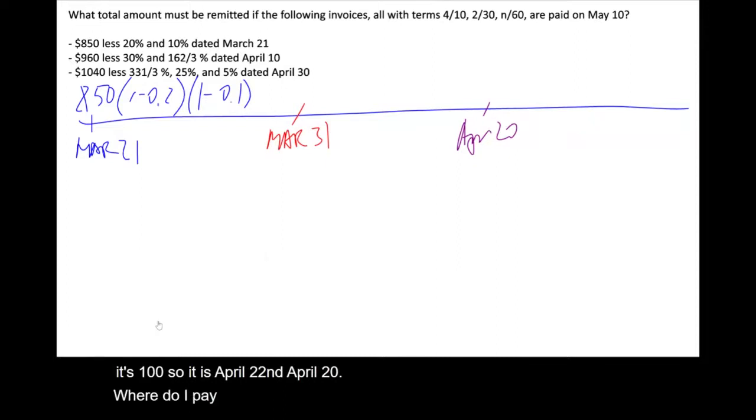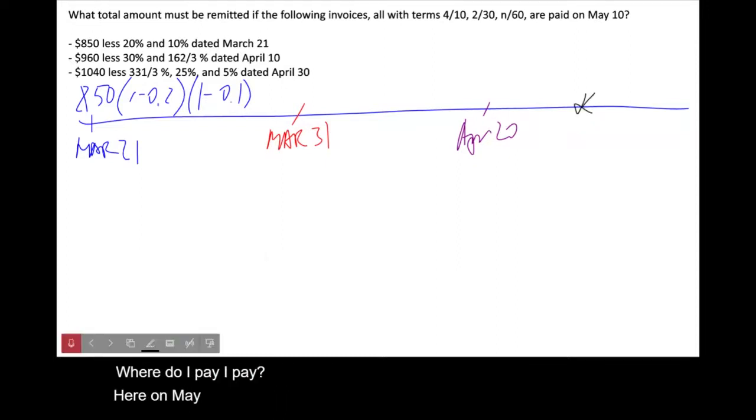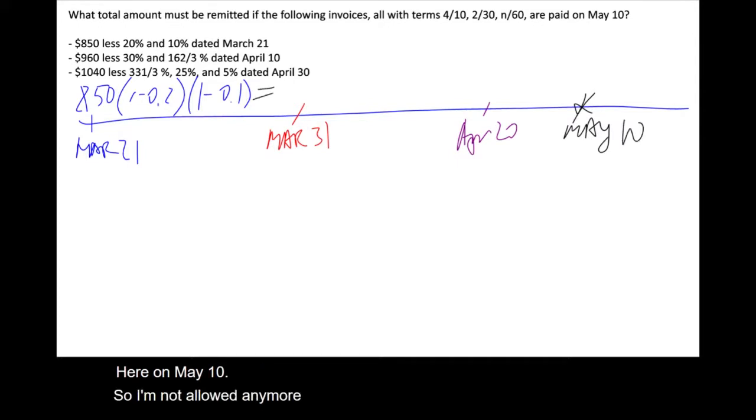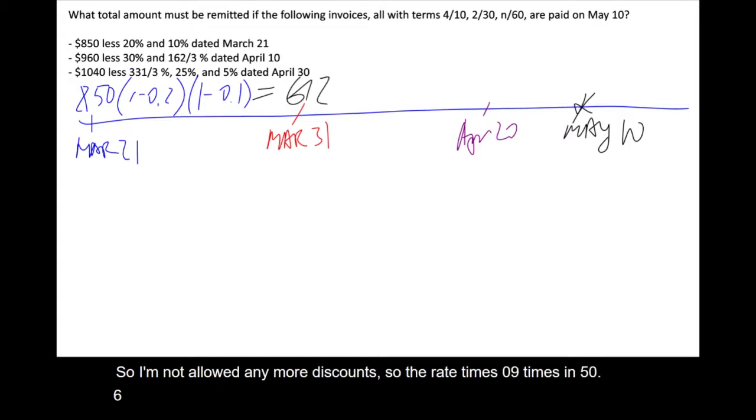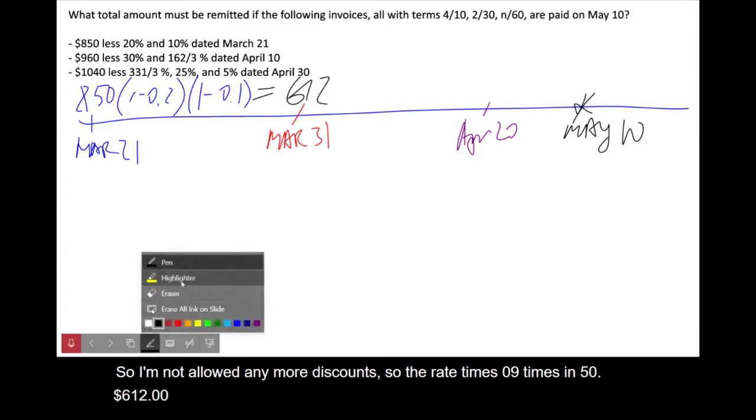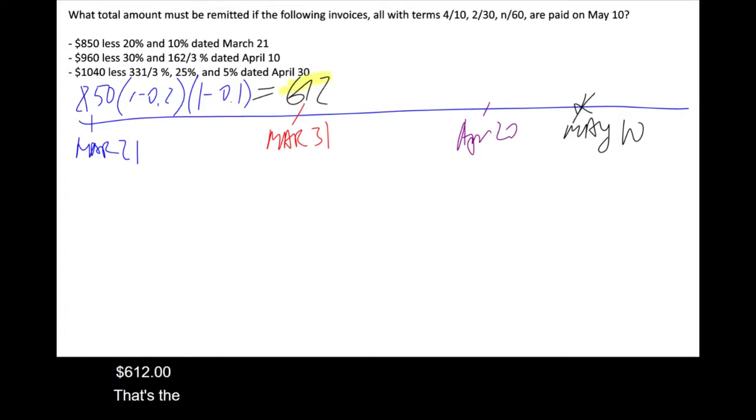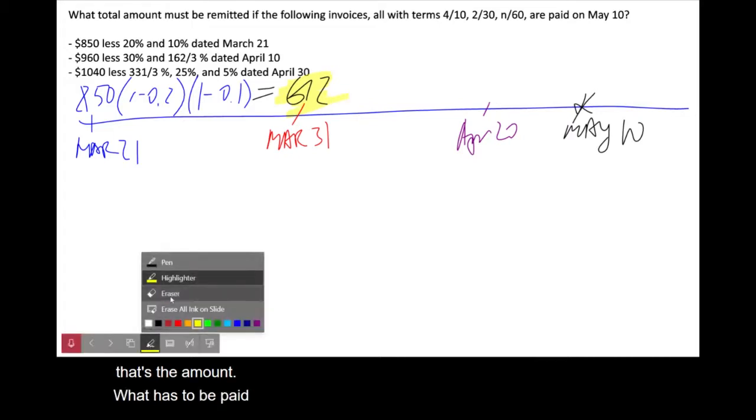I pay here on May 10th. So I'm not allowed any more discounts. So 0.8 times 0.9 times 850, $612. That's the amount that has to be paid on the first invoice.